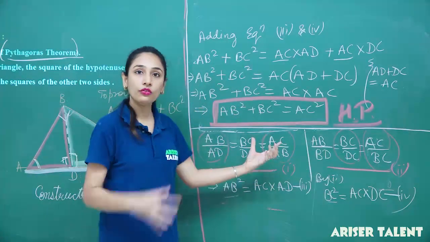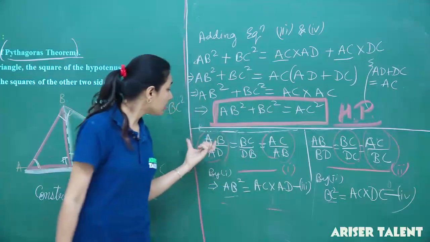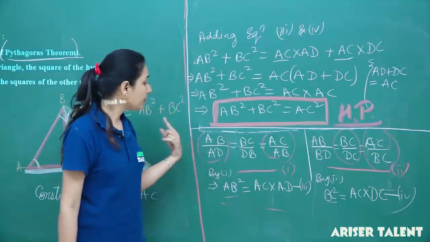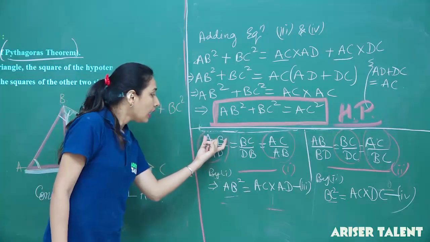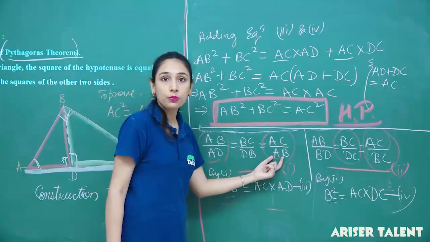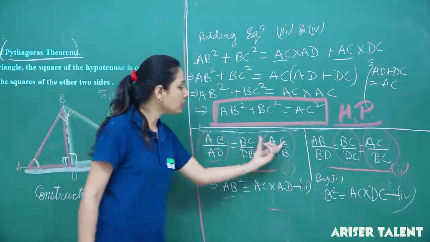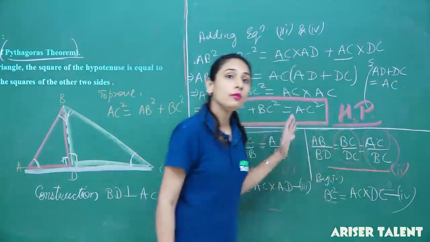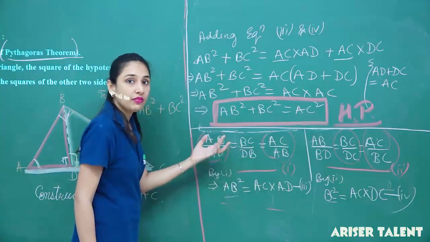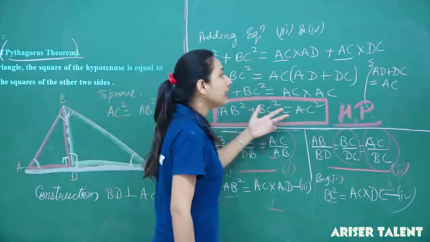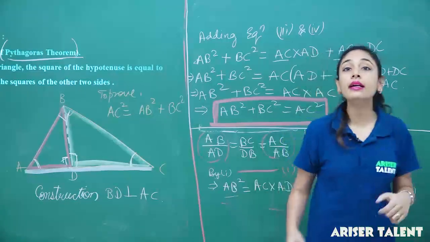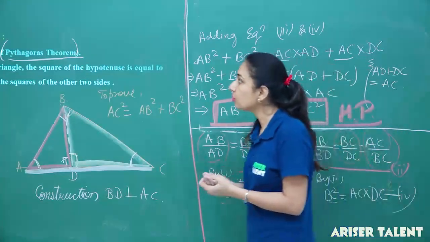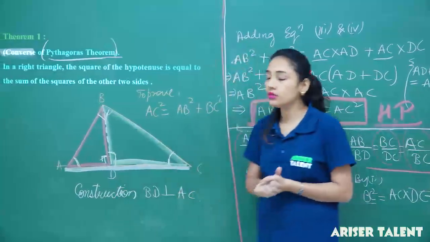Then we picked out the useful terms which have a particular side two times in the proportions. So we will use these proportions from here and these from here, and we will add them. After simplification, we will have the required result, my students. So note it. I am going to rub this.